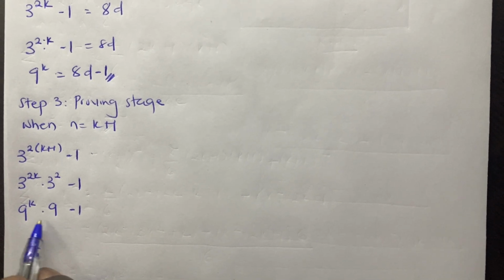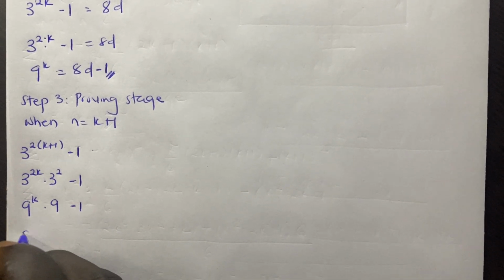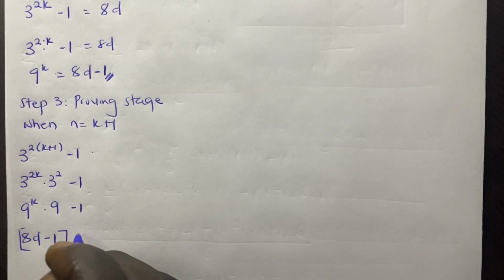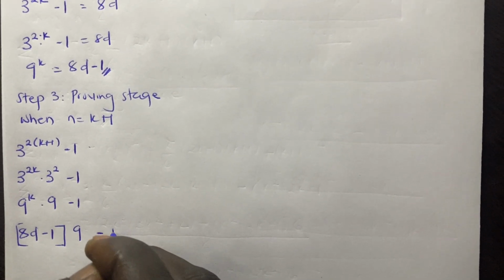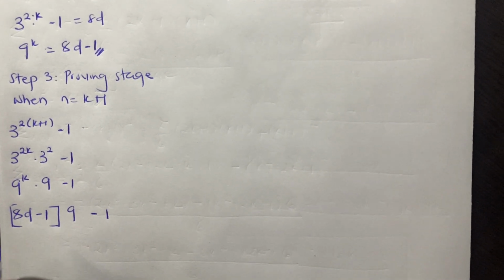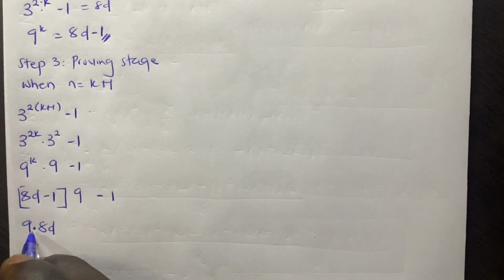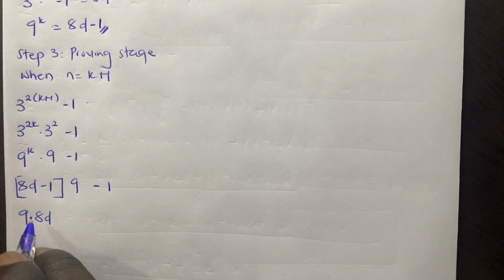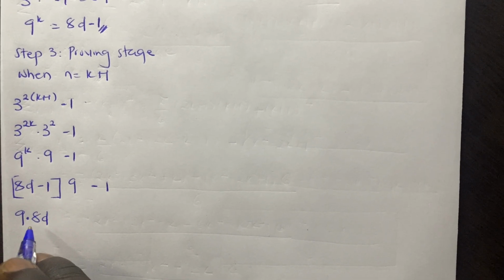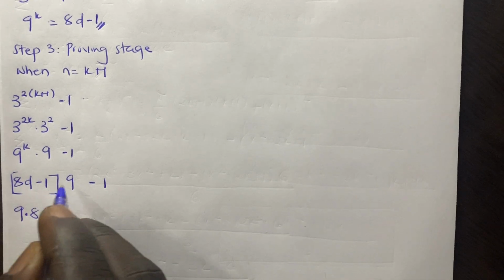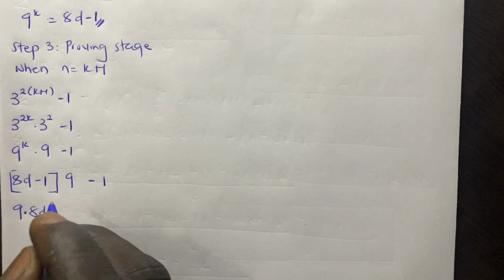And from here, we know that 9 to the k is the same as 8d plus 1. So we can just substitute that in here. So we are getting 8d plus 1 multiplying 9, and then we have our minus 1 here already. So here we are getting 9 times 8d. You can use the dot to represent multiplication, or you can multiply it to get 72d, but I will choose to write it this way.